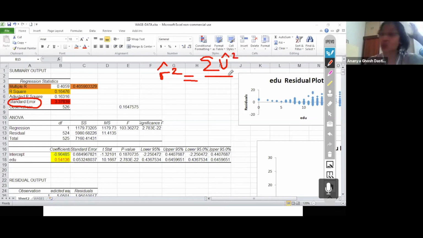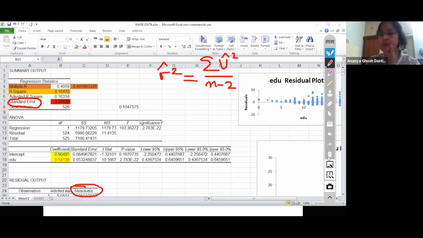This morning, I showed you the residuals. I generated the residuals. They're right here. So you square the residuals and you divide by the degrees of freedom of your regression, degrees of freedom being n, the number of observations, minus the number of unknown parameters, which is 2.